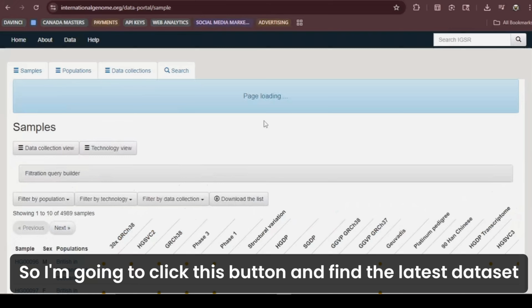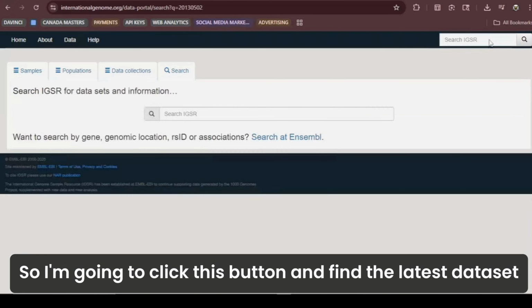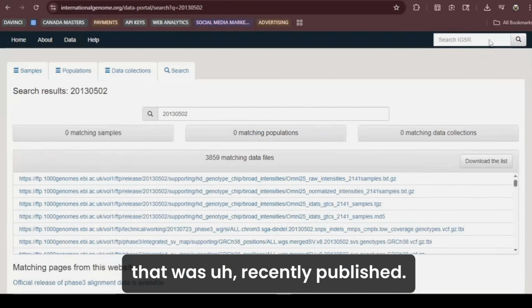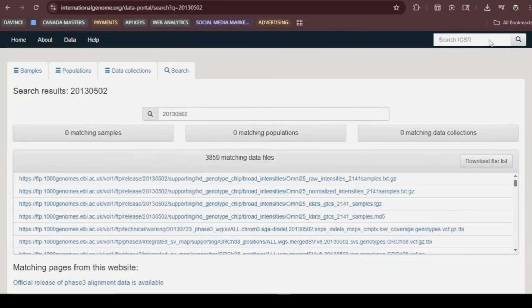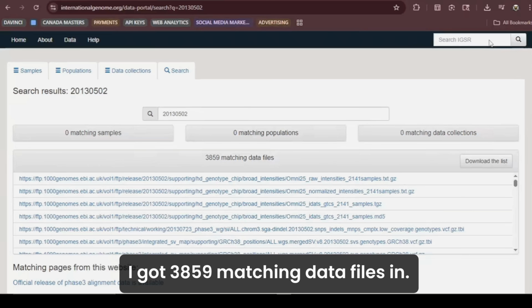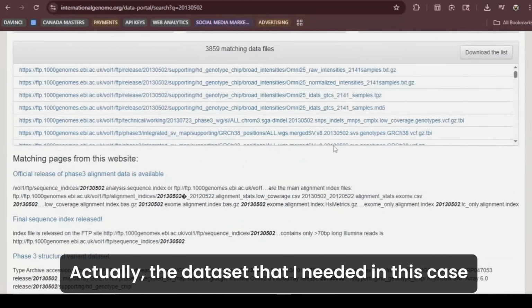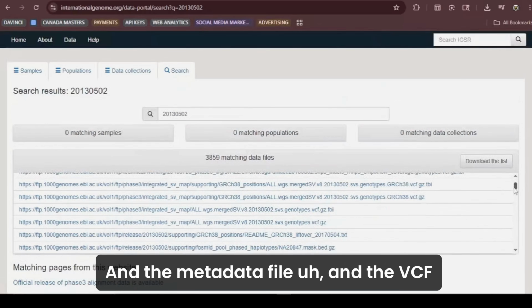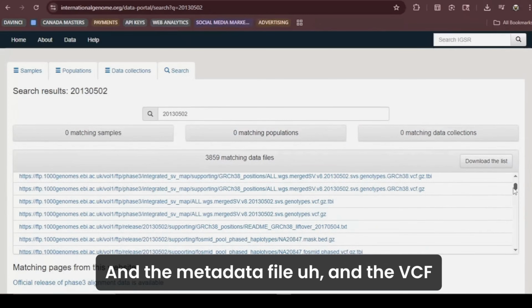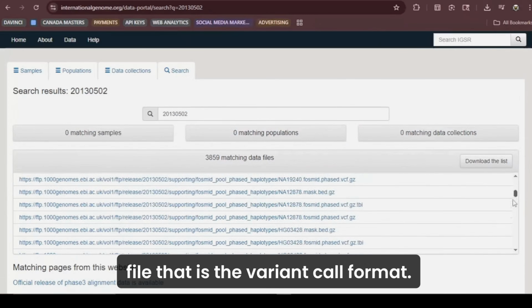I'm going to click the search button and find the latest dataset that was recently published, that is 2013-0502. I got 3,859 matching data files. The dataset that I needed in this case was the chromosome 22 dataset and the metadata file in the VCF file, that is the variant call format.